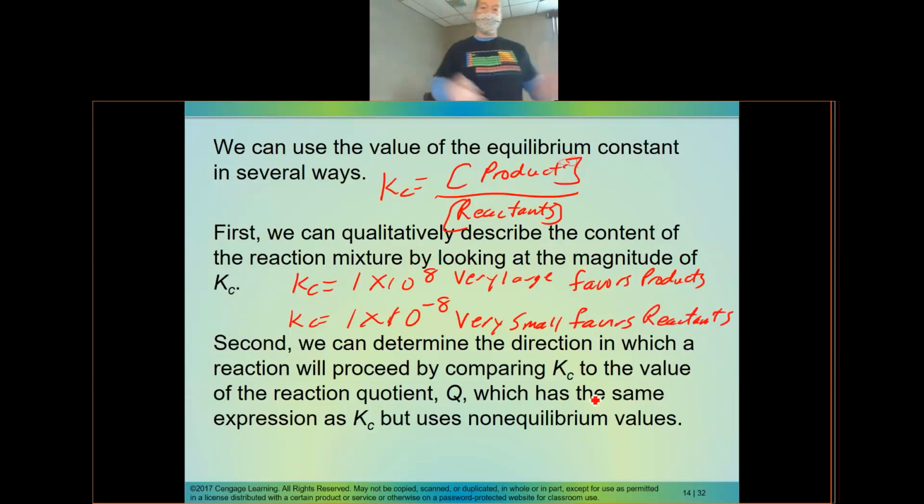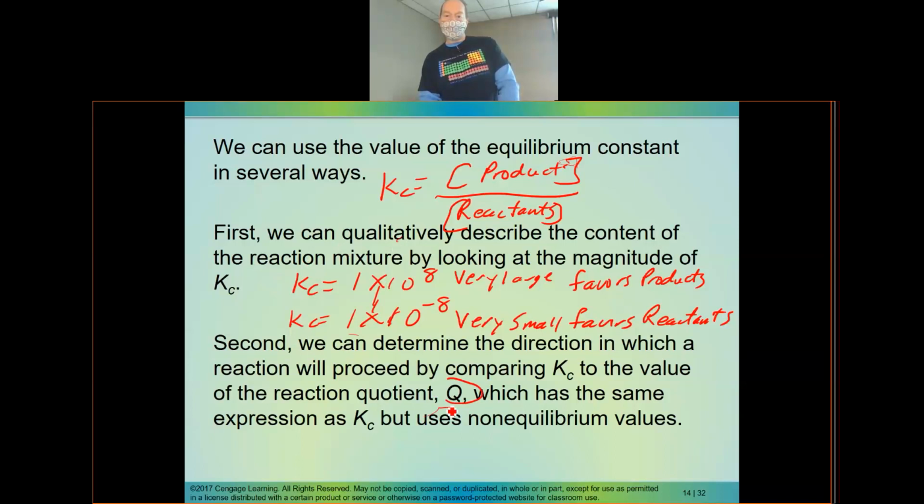All right, so if you had Kc of 1 times 10 to the 8th, and the question is, do you have more products or reactants? Well, you have a lot more products than you have reactants. It favors the forward reaction. The forward reaction is producing your products. We're going to then compare our Kc value to the reaction quotient.